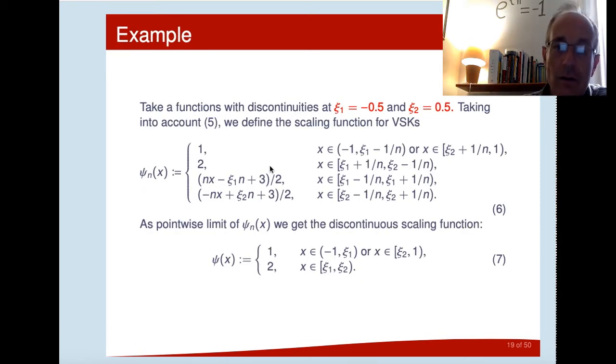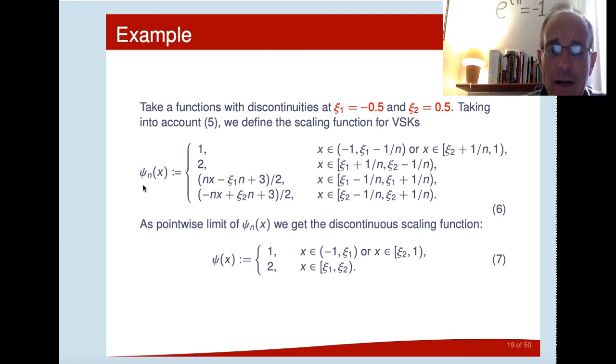So, for example, if you take two discontinuities here, one at minus 0.5 and one at 0.5, so you are in the interval, let's say, minus 1, 1, but at minus 0.5 and 0.5 we have these two jumps.